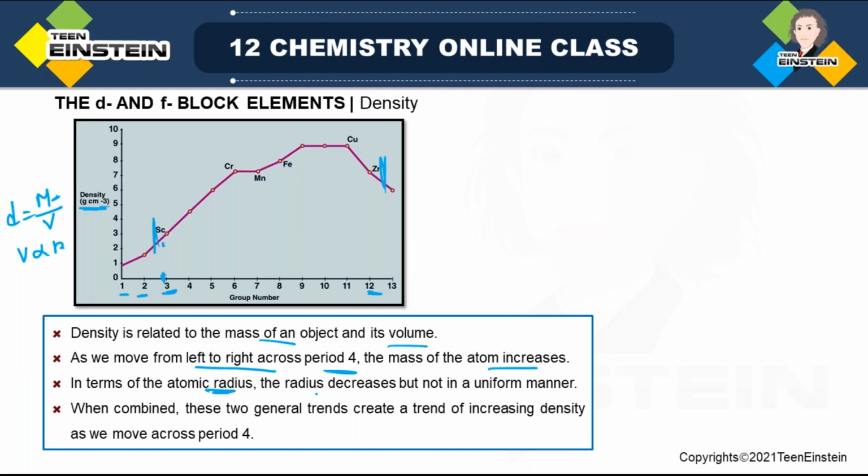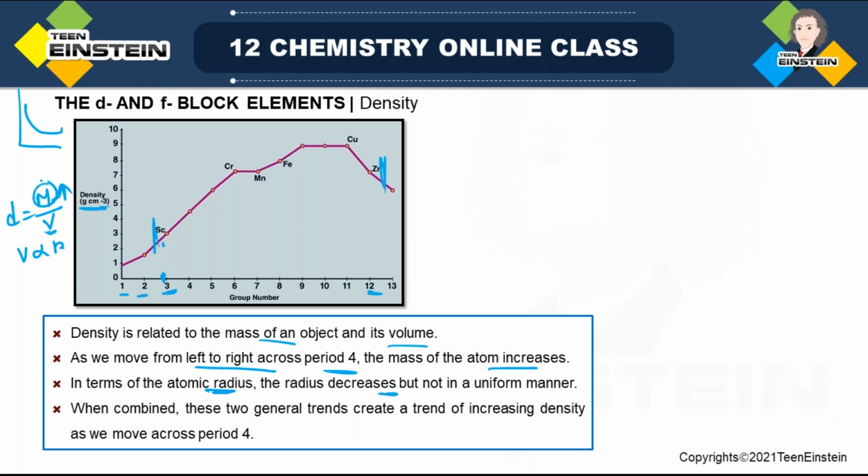In terms of atomic radius, what we have seen is that the radius decreases, but not in a uniform manner. Remember, we have seen this type of nature for atomic radius. So the overall effect is that M is increasing left to right, but V sometimes increases, sometimes stays constant, sometimes decreases. So it is not gradual.